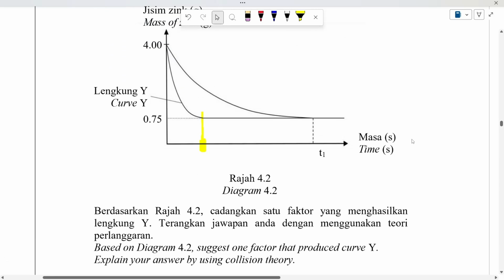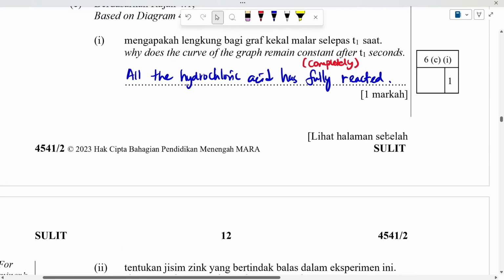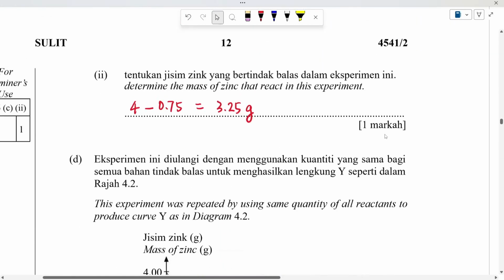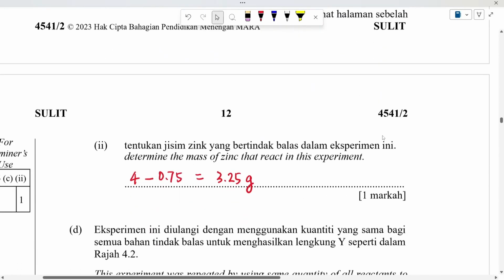Besides that, concentration. But for concentration, let's check. Adjusting the concentration is not allowed. Why? Because it says here the conditions should be the same.